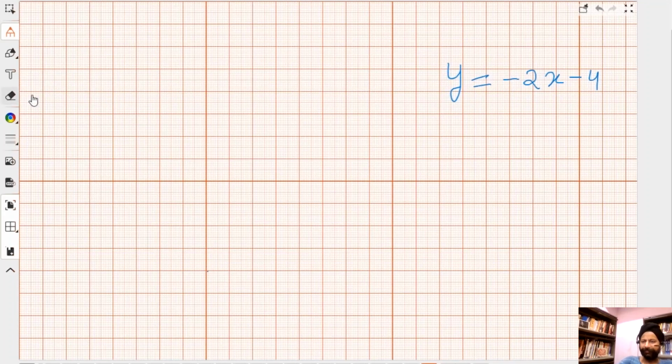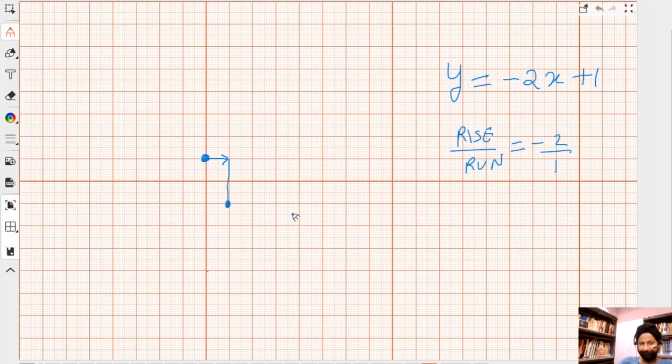Oh, let's not take minus because there's no room here. Take plus 1 here, plus 1, okay? So the line is going to definitely go through this point. Slope is minus 2. So rise over run is minus 2 by 1. So when I run one step, I dip two steps. Rise is negative. So I run one step, I go down two steps.